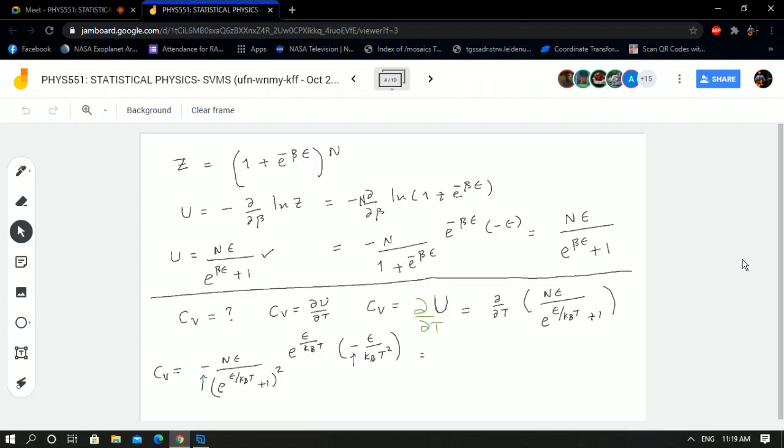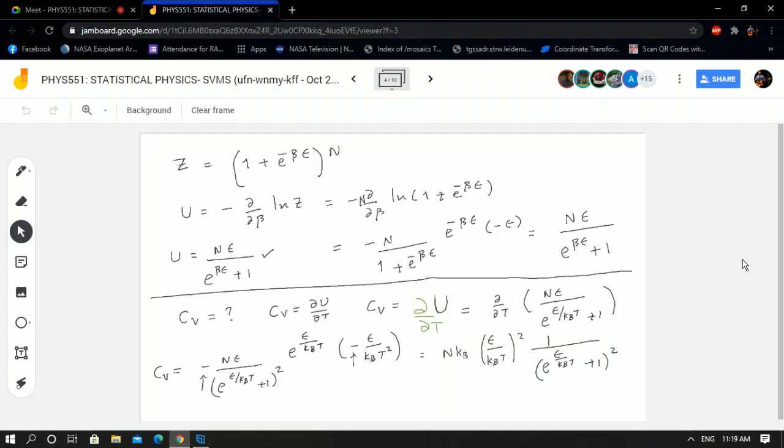So you have n kb into epsilon by kbt the whole square, into e to the power epsilon by kbt divided by e to the power epsilon by kbt plus 1 whole square.